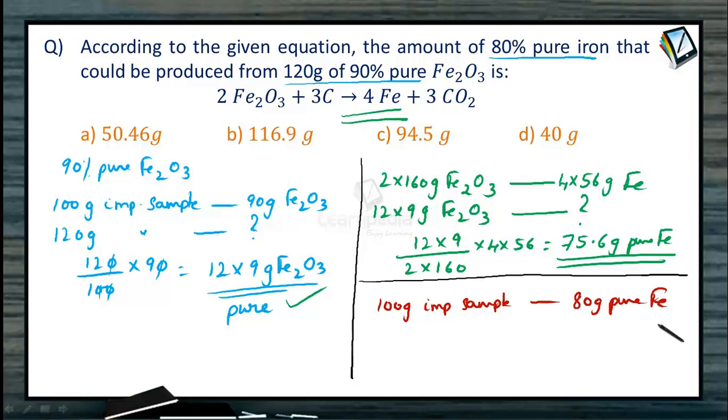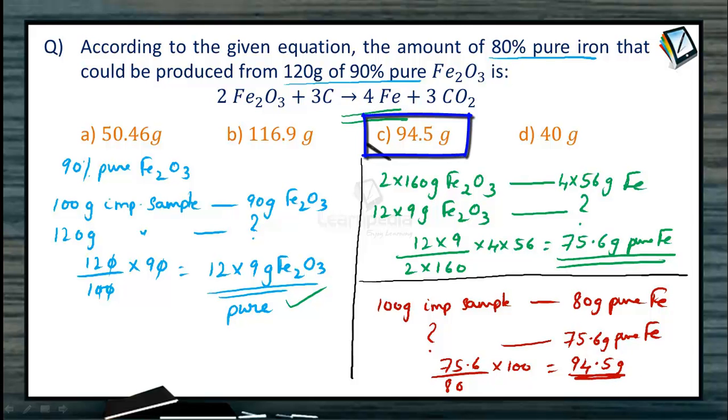Now we got 75.6 grams of pure iron. When this is the amount of pure iron to be formed, what is the amount of impure sample? We can get it. So it is 75.6 by 80 into 100, and that value is equal to 94.5 grams. So our answer is option C.